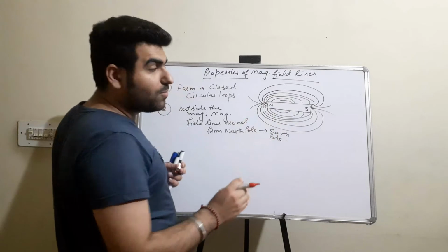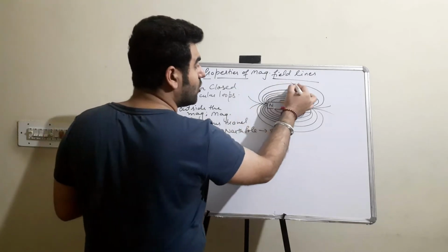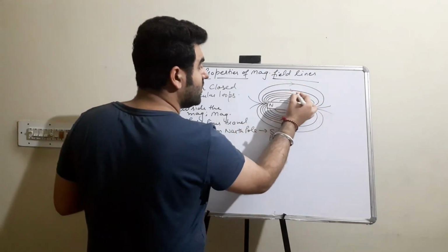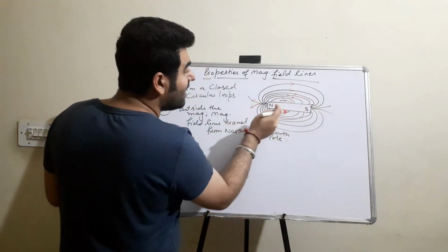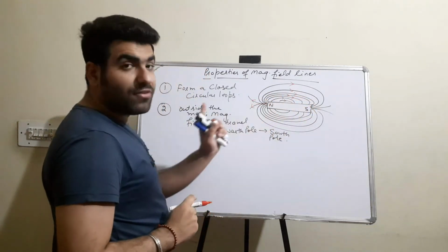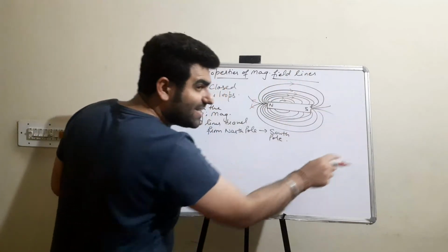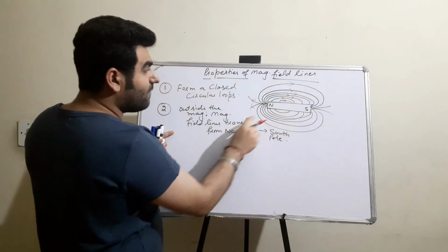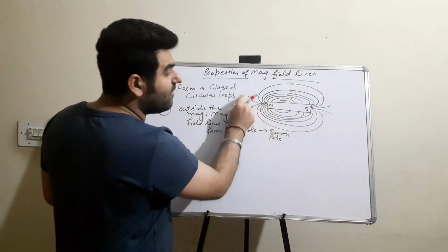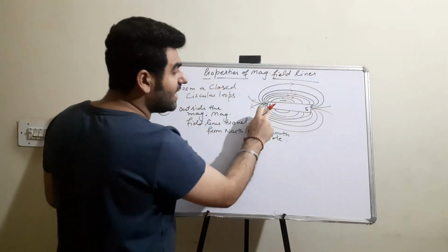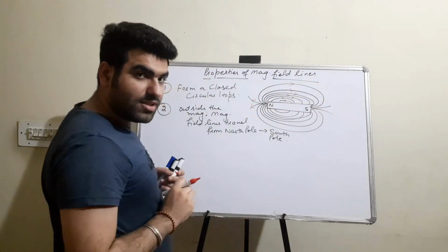If we have to put down the direction, then it is from North to South. This is leaving the magnet from the North Pole and entering the South Pole. So the magnetic field lines are leaving from the North Pole and entering into the South Pole.